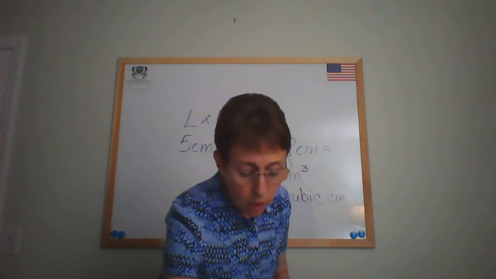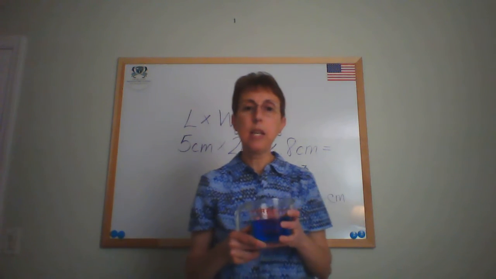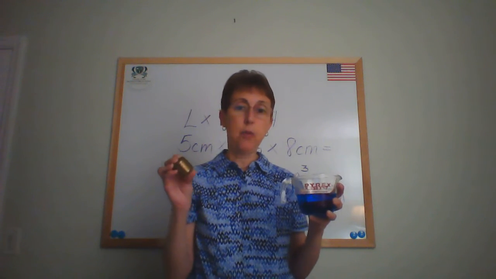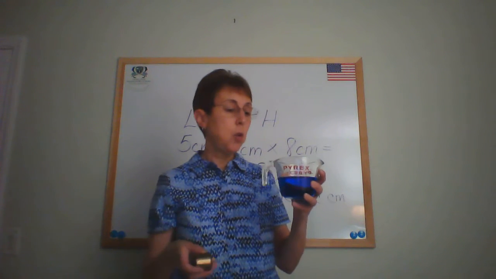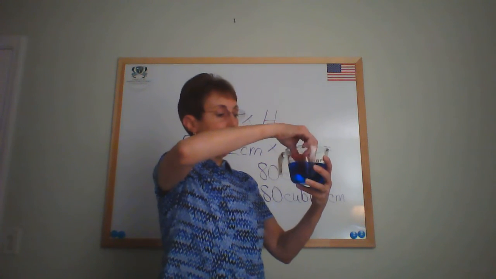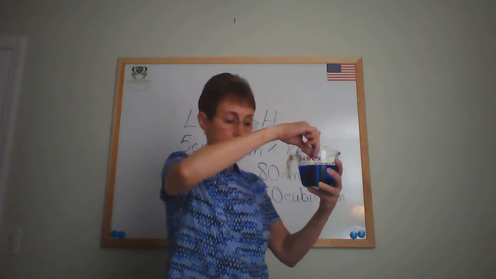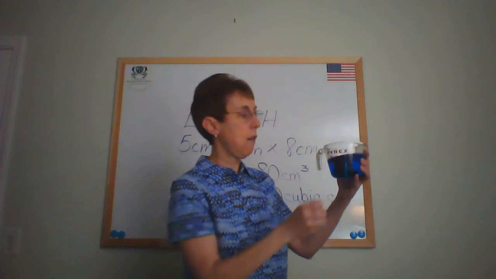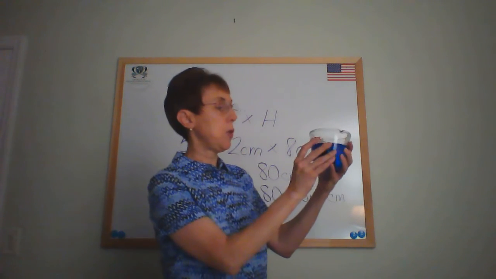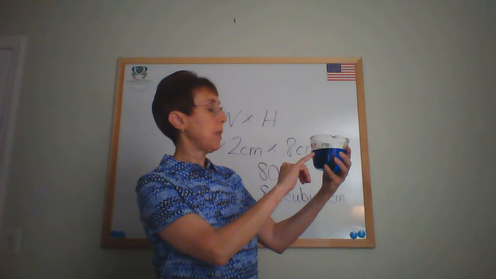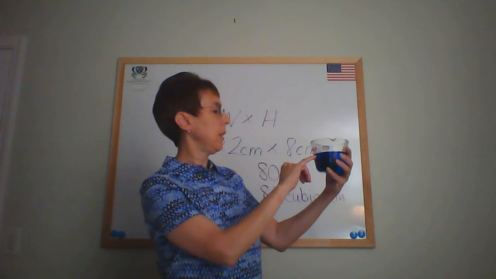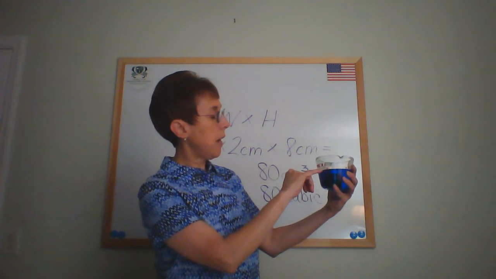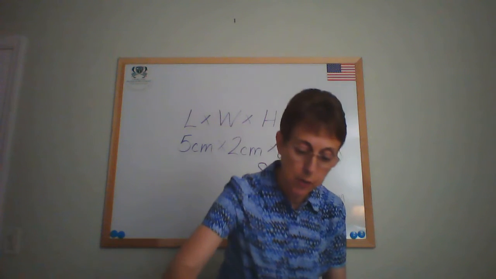Now, the reason I'm showing you this is because if you have an object that's an odd shape and you wanted to figure out the volume of that object, you could then put it into a graduated cylinder, or in this case a measuring cup, and you can look at the difference in the measurement of the water. So before I was at 200 milliliters, now the water level has risen to 250 milliliters.